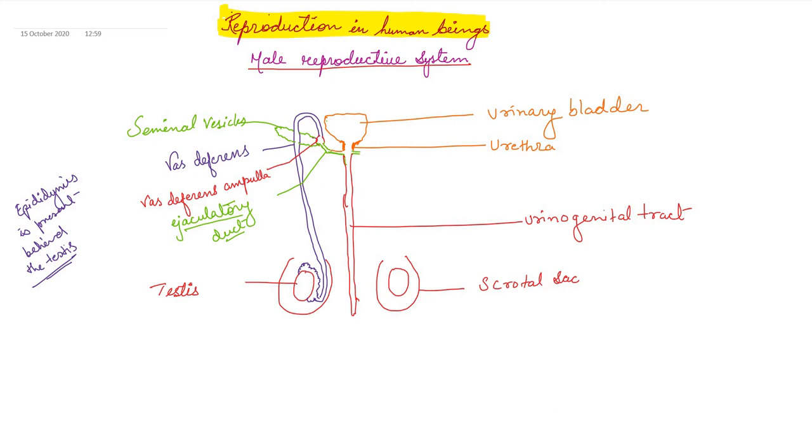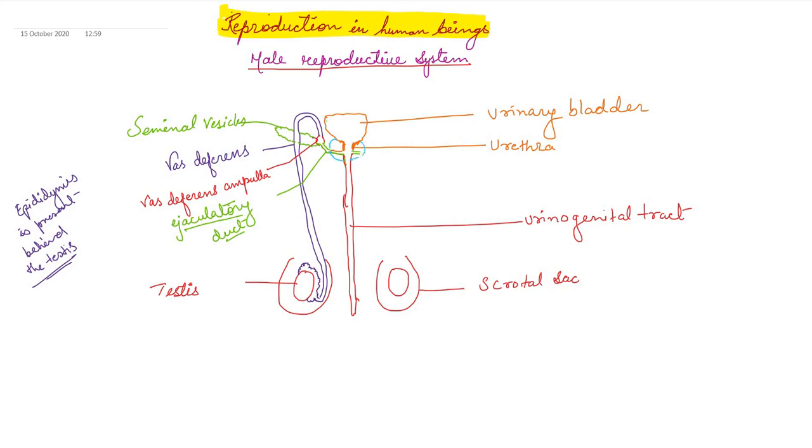Here we have one structure where these connections are present, meaning the vas deferens ampulla, the seminal vesicles, and the ejaculatory duct. Where these structures are present, there is a donut shaped structure.